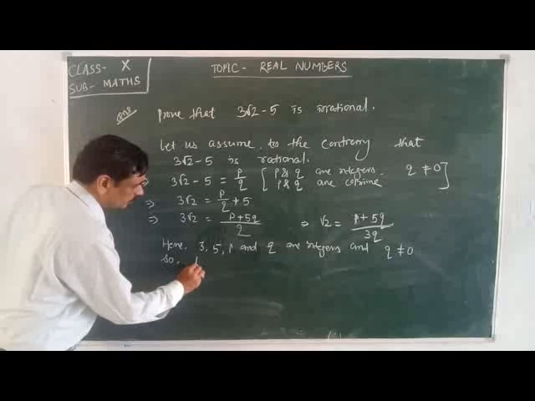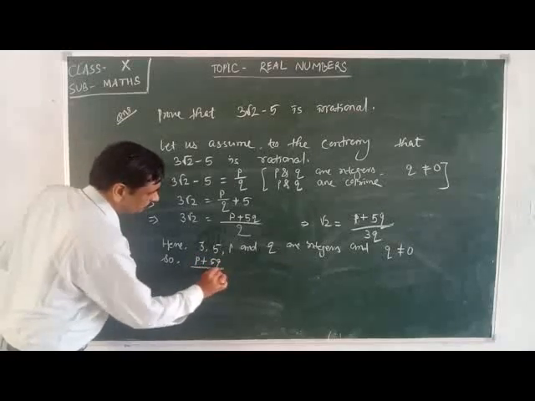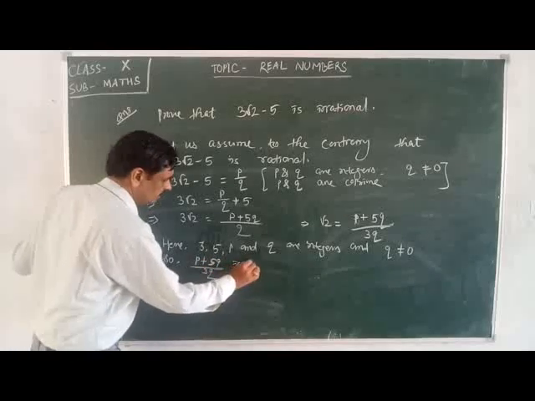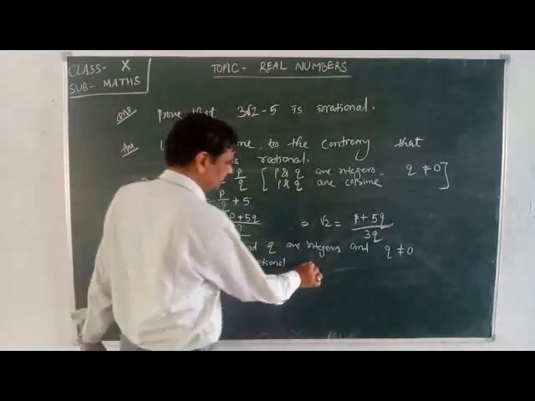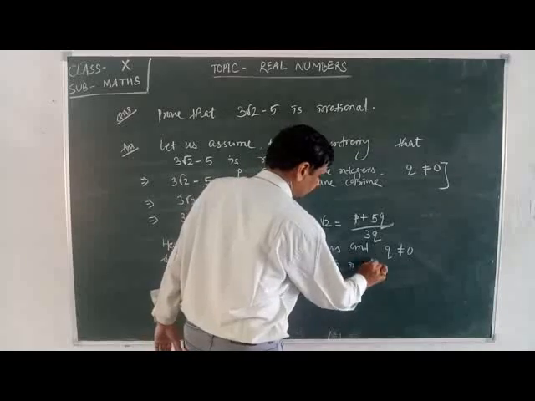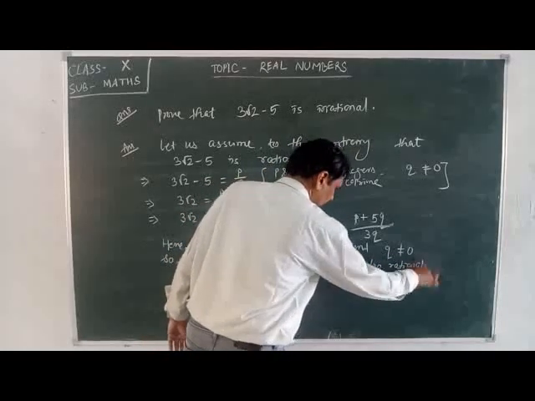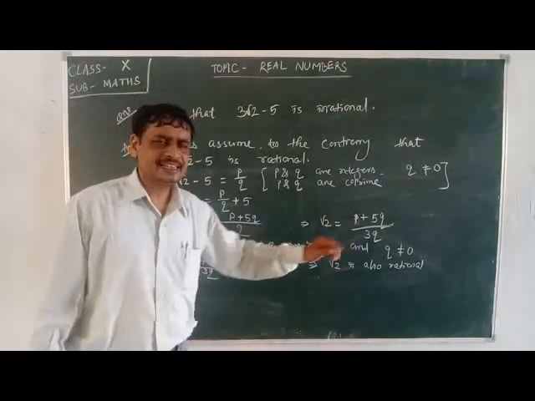So P plus 5Q by 3Q is rational. This implies root 2 is also rational, but it is a fact that root 2 is irrational.